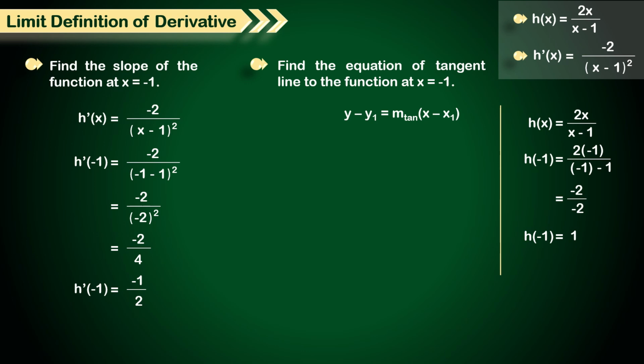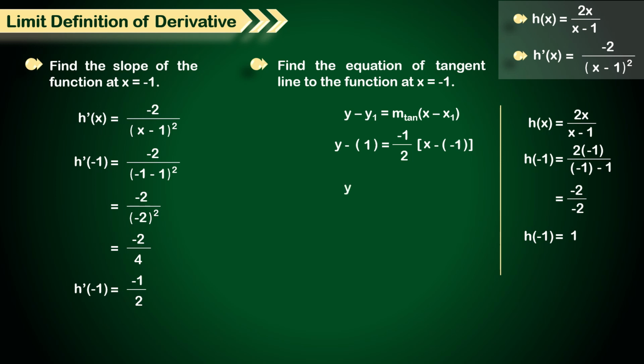Substitute the y and x coordinates and the slope into the point-slope form. y minus the y-coordinate, which is 1, is equal to the slope, which is negative 1/2, multiplied by x minus the x-coordinate, which is negative 1.